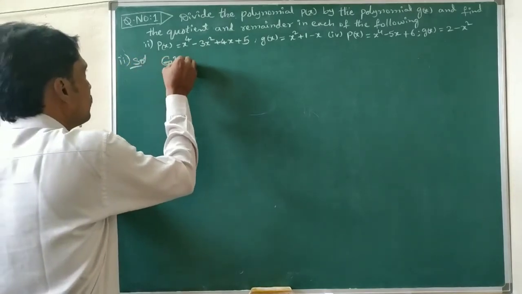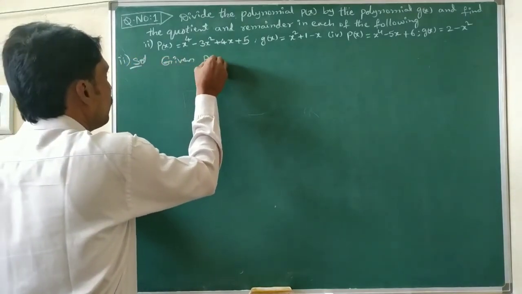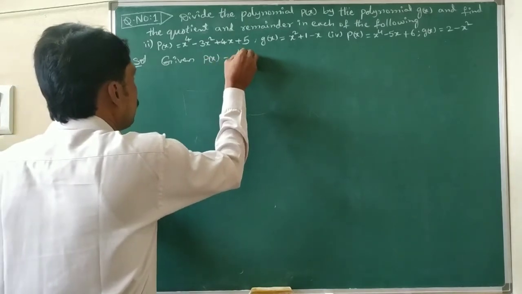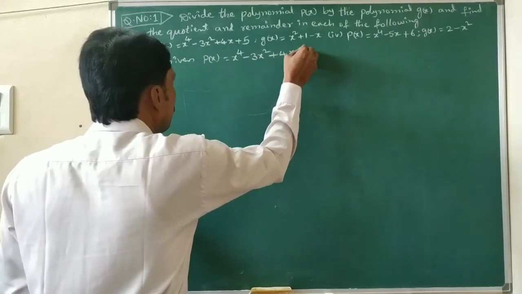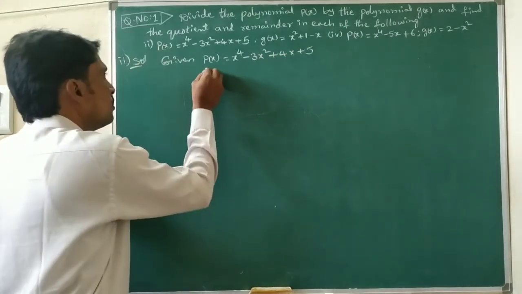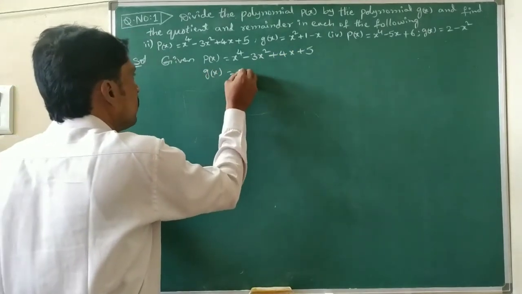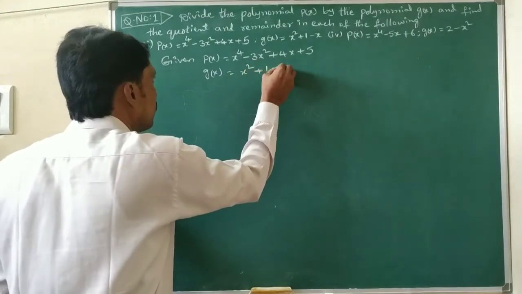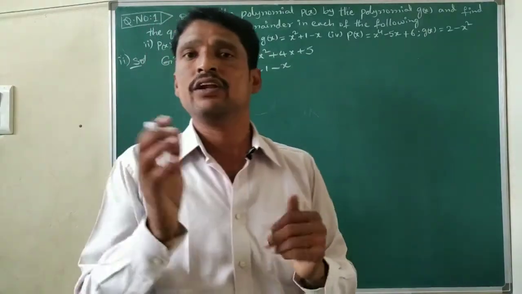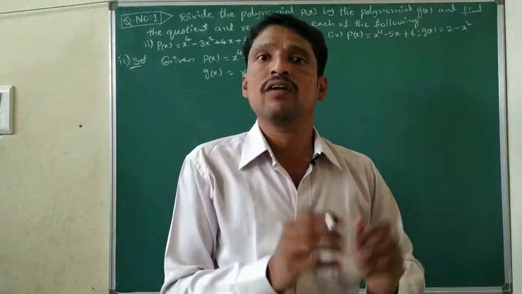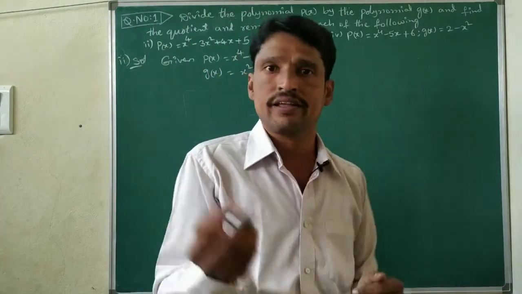Now the second solution. Given p of x equals x power 4 minus 3x square plus 4x plus 5, g of x equals x square plus 1 minus x. When we take the dividend and divisor, you can write them in one order, either ascending or descending order.